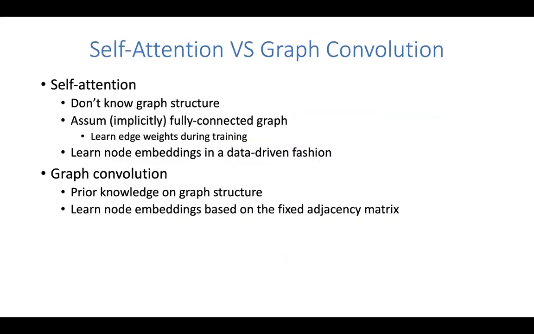So if you arrive at this decision, the similarity between self-attention or transformer and graph convolution, then you might want to tune or modify your transformer architecture so that it behaves like a graph convolution, a graph encoder.